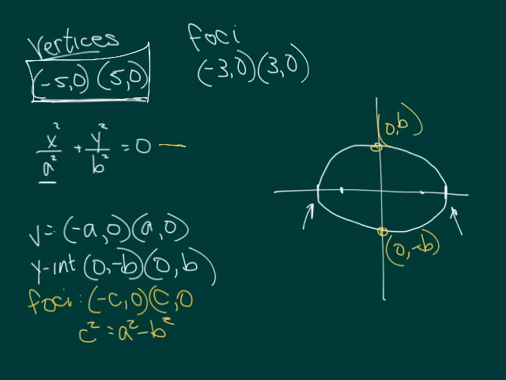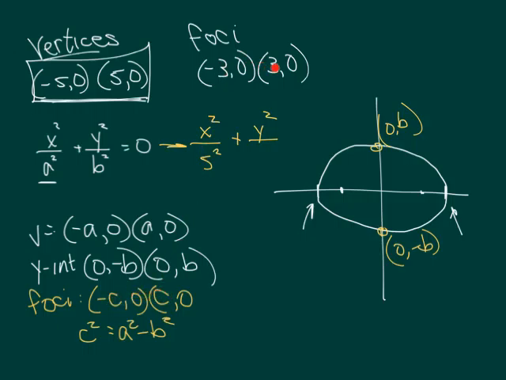So let's continue on with this. This is x squared over 5 squared. And I know my y, or my b squared. No, in fact, I don't know my b squared, do I? I have a y-intercept here, but nobody's told me what my b is. But what I do know is what my c is.